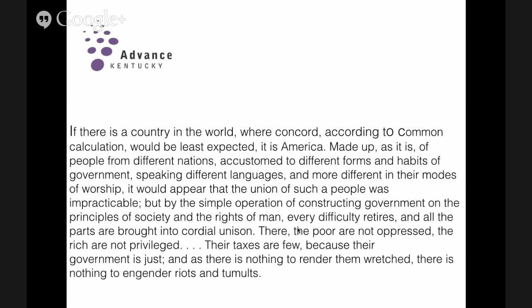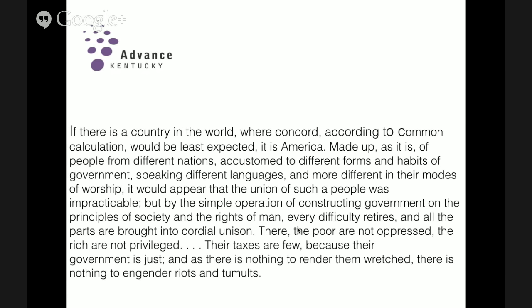If there is a country in the world where concord, according to common calculation, would be least expected, it is America, made up as it is of people from different nations, accustomed to different forms and habits of government, speaking different languages and more different in their modes of worship. It would appear that the union of such a people was impracticable.